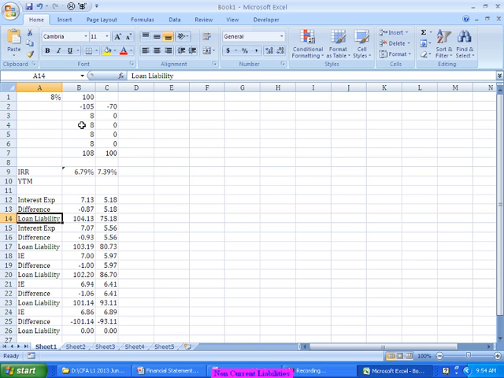The other way is, after 1 year, these are the four things that are outstanding. Find the NPV of these four using this as the discounting rate. Find the NPV of all the future cash flows.